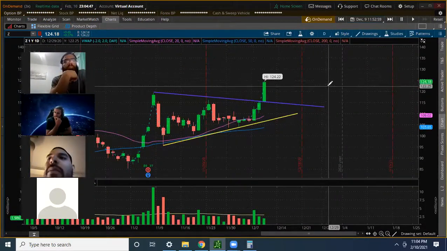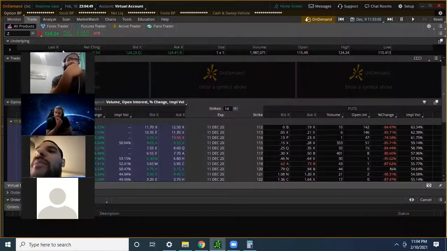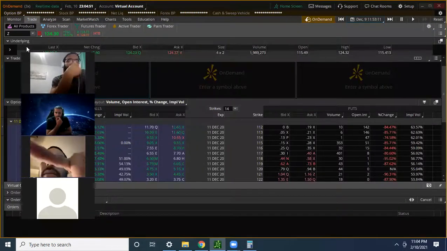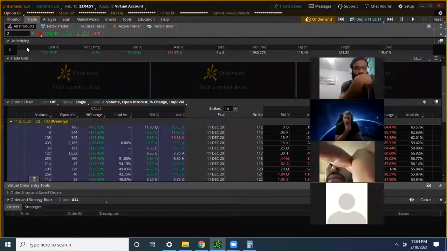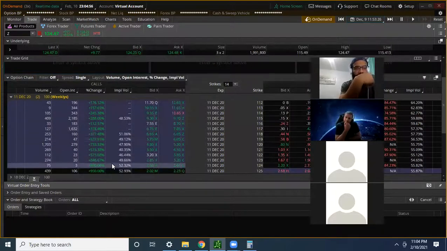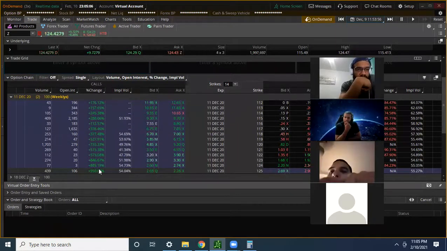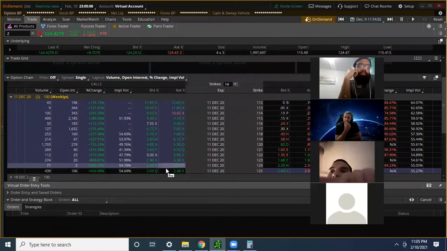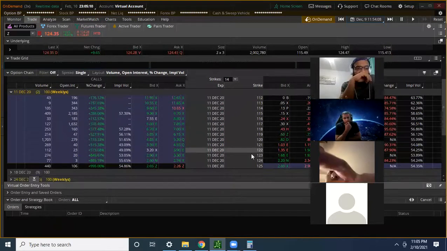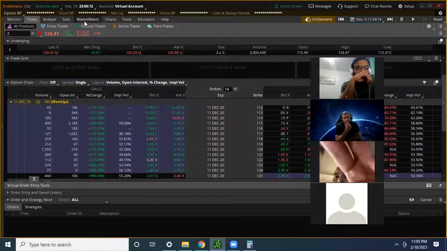Let's go to the options. Look at that. 800% on 124, 950% on 125. We'll multiply your money damn near 10 times in one day off a safe play. This is a safe play.